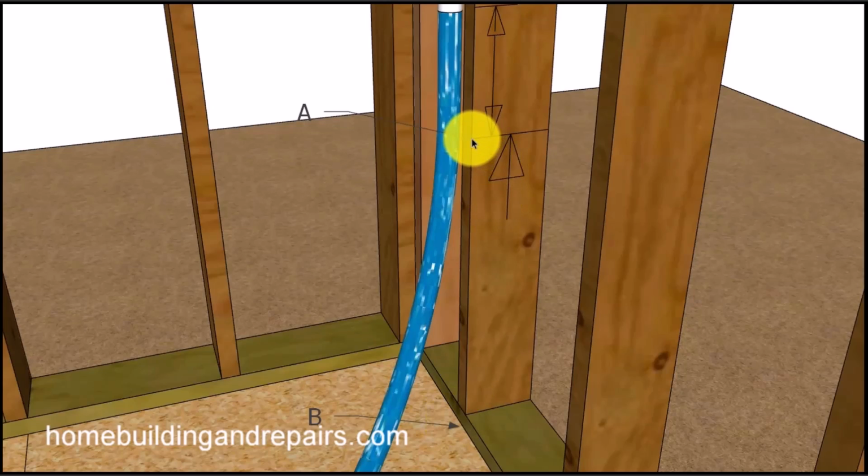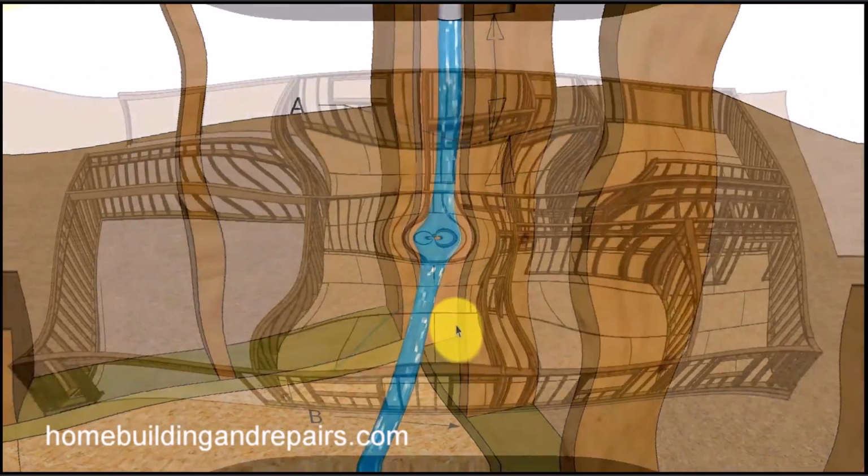If this measurement is taller, let's say it's 25 inches, that means that this section is lower than the other section. If this measurement is less than 24 inches, then that means that this section is higher than the other side where the water level is. So I hope that makes sense.